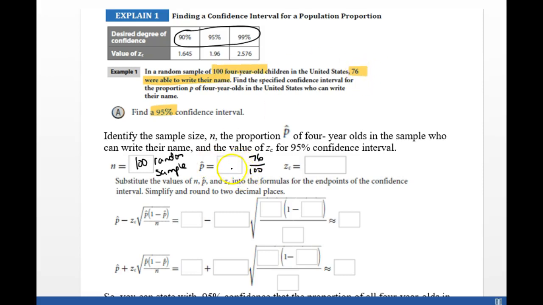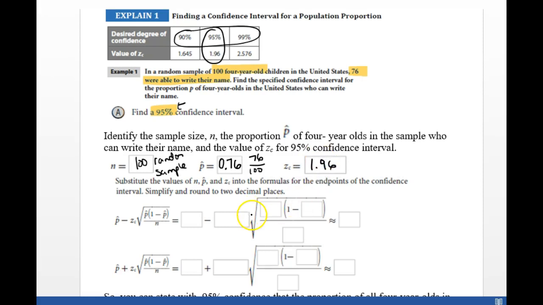So go ahead and work that out as a decimal. Should have gotten 0.76 when you divided the numerator by the denominator. And since we're getting a 95% interval, we're going to utilize that number 1.96 as our Z value.